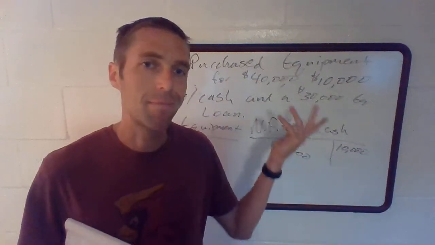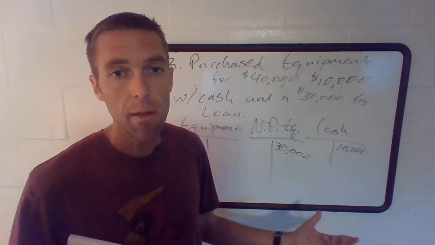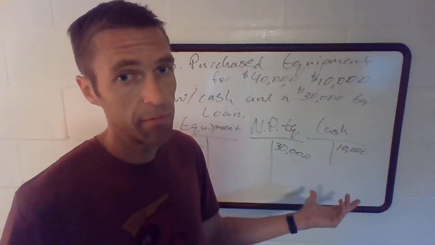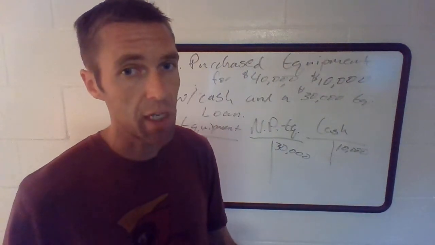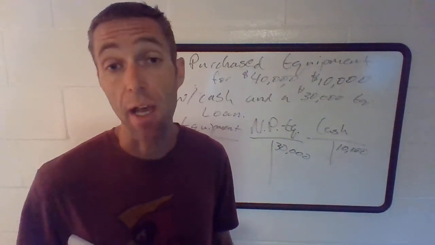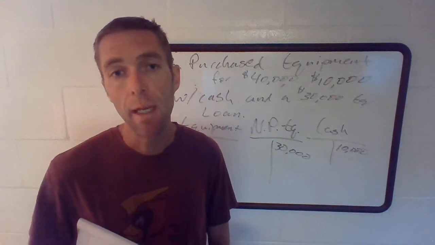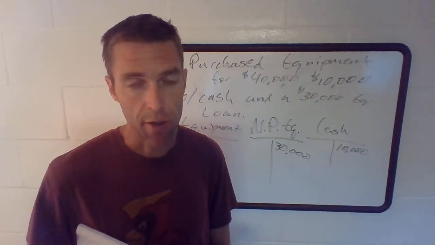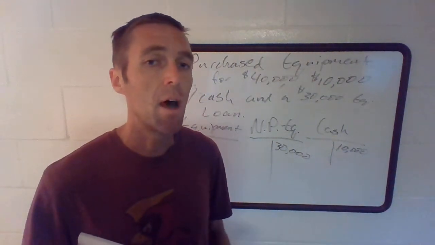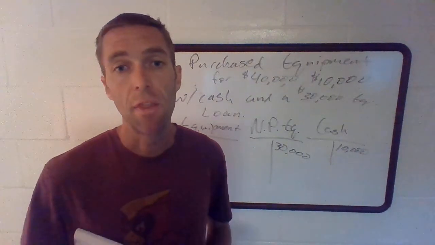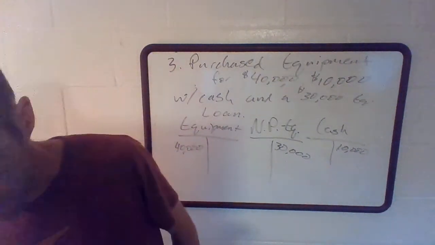I can't take delivery. This just undoes itself, right? They give you your $10,000 back. You don't owe them $30,000, and you don't have the piece of equipment. The balance sheet is unchanged. Going forward, we have other ramifications, but for now, there is no difference.